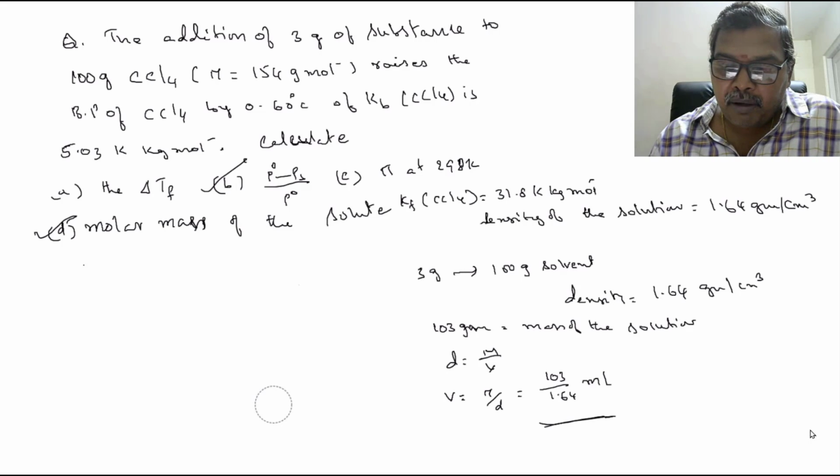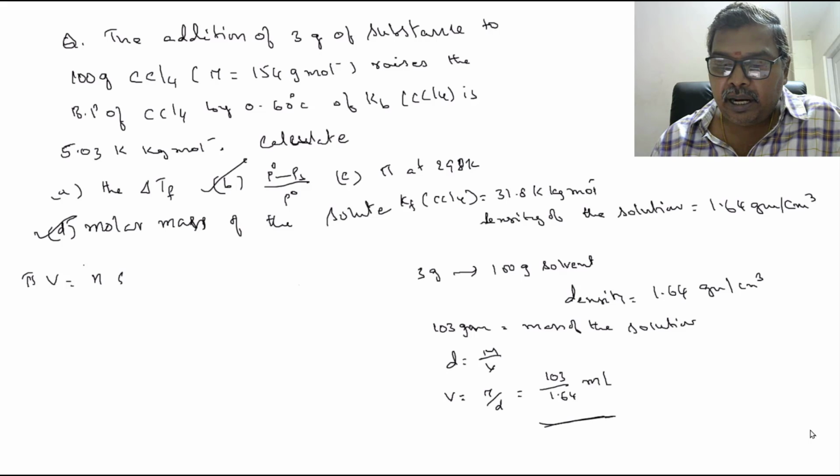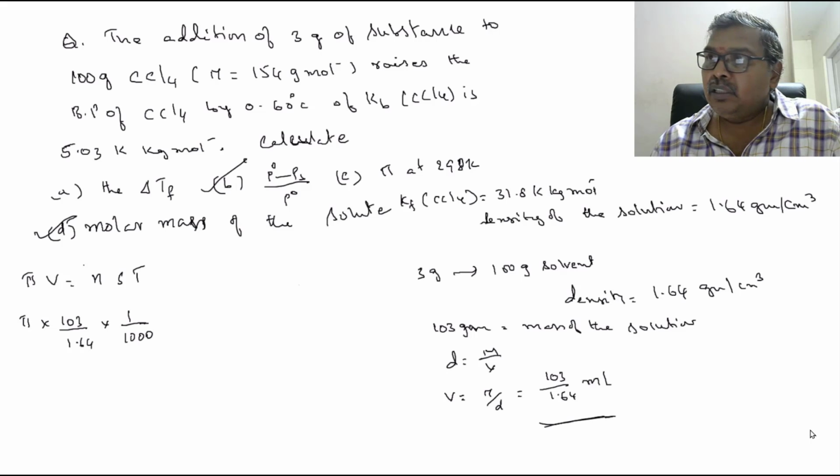Now, pi V is equal to nST. Pi into V, 103 by 1.64 by 1000, because we have to convert the volume into liters. We are expressing the gas constant value in liter atmospheres, so osmotic pressure must be in atmospheres and volume must be in liters.